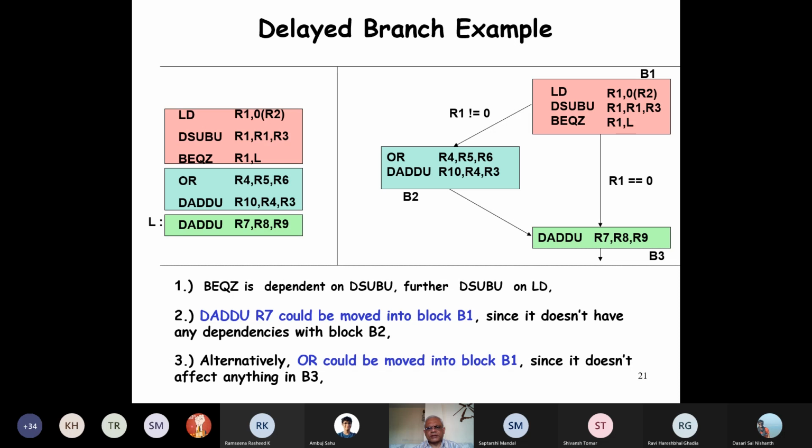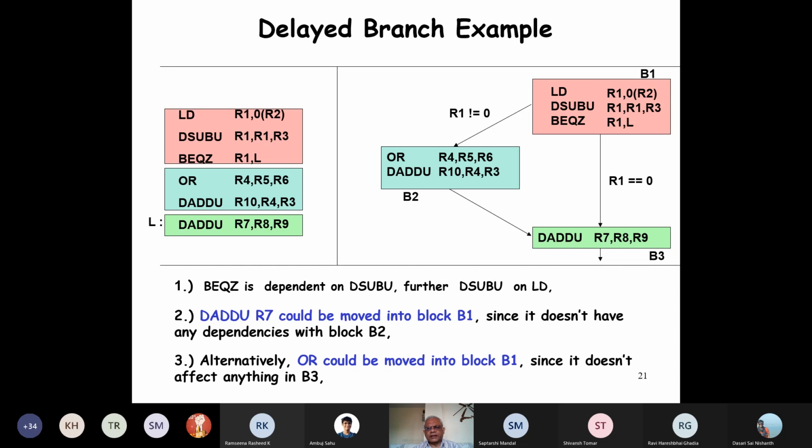Okay, this is the target path and this is the fall through path. So can we put OR? Yes, we can put OR because R4 is not used here. But can we put DAdd? No, because DAdd uses R4 and R4 should have been computed by OR. So we can put only the OR instruction.